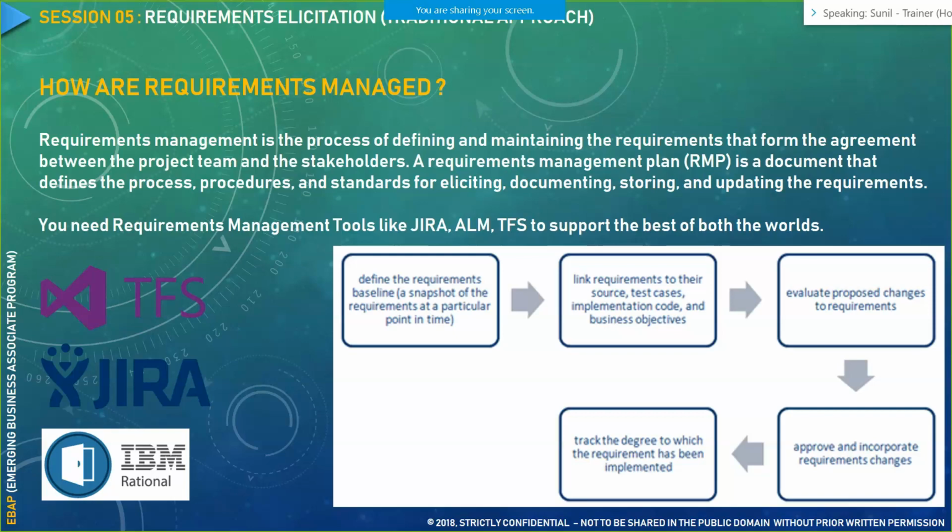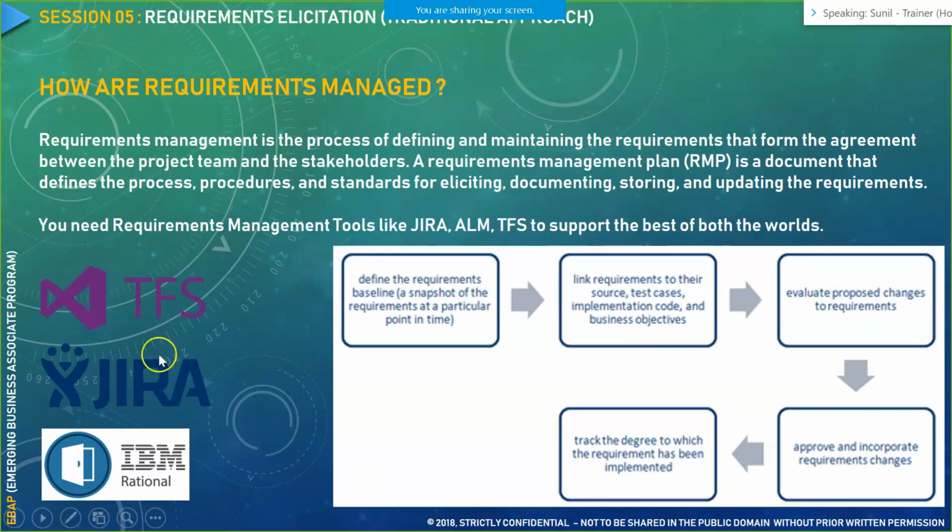Now, the requirement elicitation process would initiate n number of requirements, maybe 100, 200, 300 requirements. But the moment we reach the requirement gathering phase, it would be double or triple in number. So since we have so many requirements, maybe 1000 or 2000, we need a tool to manage them.